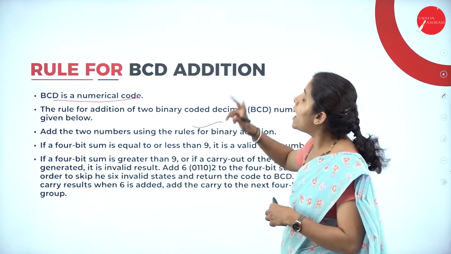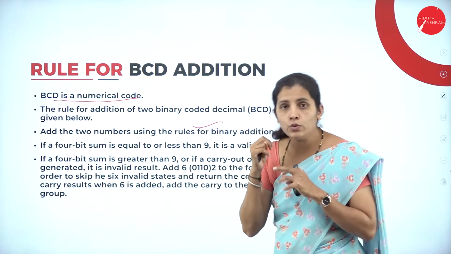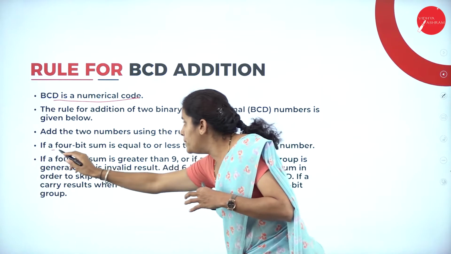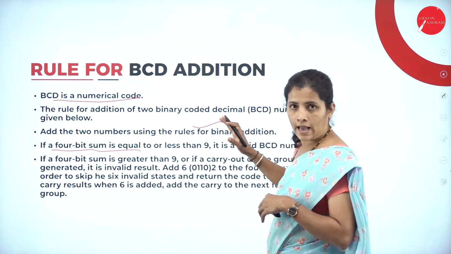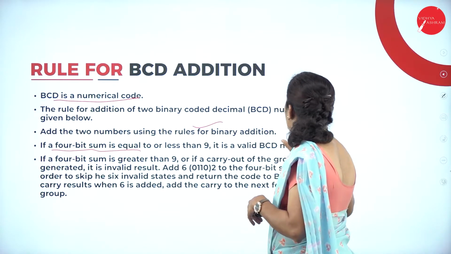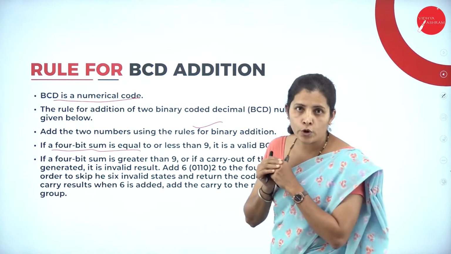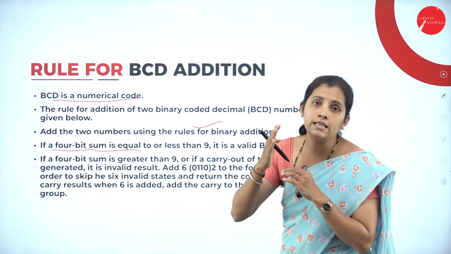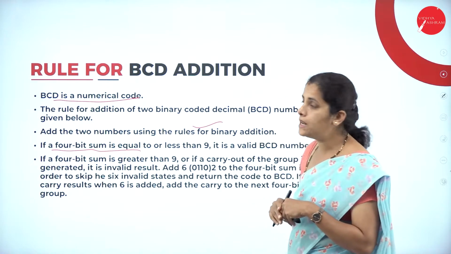That means to add 2 numbers in BCD, we are going to use the binary addition rule. Then if the 4-bit sum is equal to or less than 9, it is a valid BCD number. That means whatever sum you get, if it is less than or equal to 9, then it is a valid BCD number.